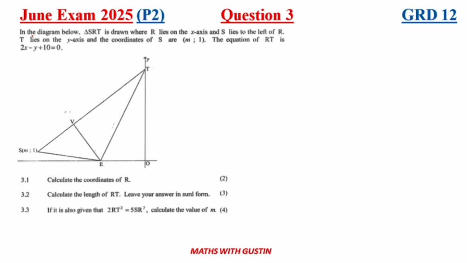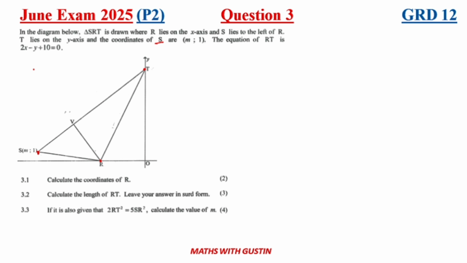It says here, in the diagram below, triangle SRT is drawn where R, so we're referring to the bigger triangle here, guys, lies on the x-axis and S lies on the left of R. T lies on the y-axis, so it means that T is our y-intercept, and then S is sitting in the second quadrant.